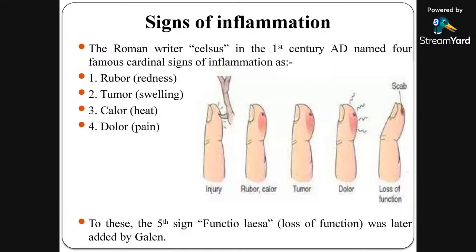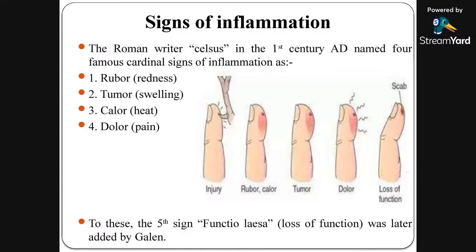Signs of inflammation. Roman medical writer Celsus in the 1st century described four famous cardinal signs of inflammation that are seen at the site of injury or infection.